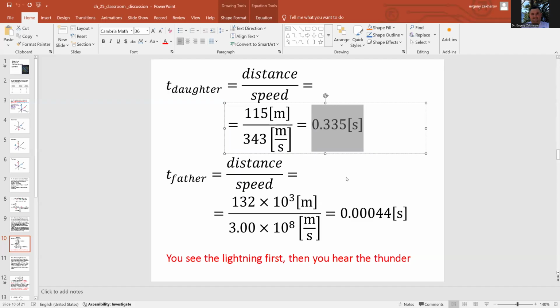But once you compare that to the speed of light, you will see that it's much, much faster. Light travels millions of times faster. You can say a million times faster. 300 and 300, so that will be 10 to the power of 6. So a million times faster.